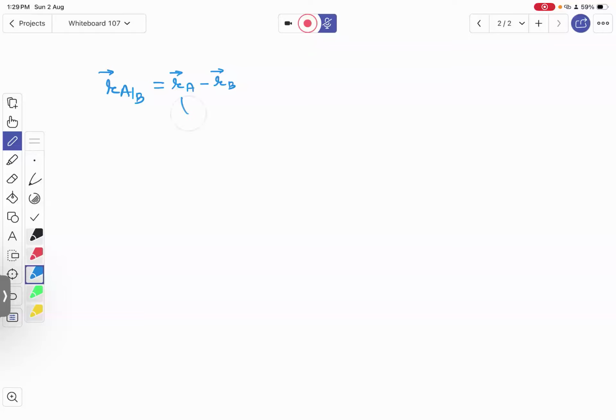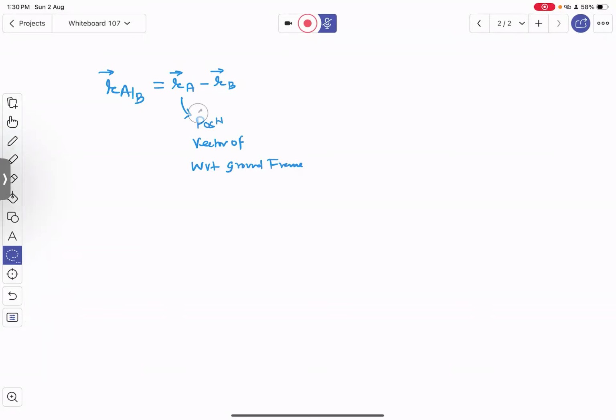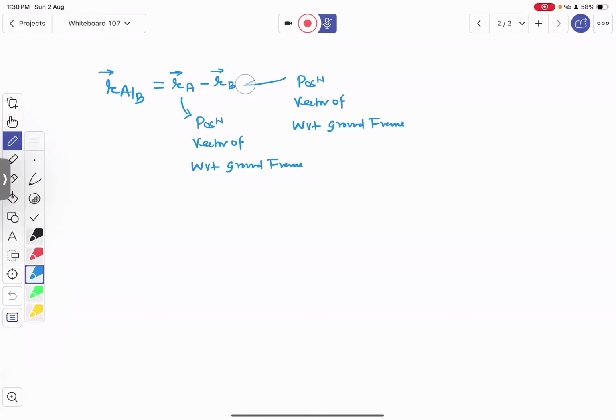RA is the position vector of A with respect to the ground frame, and RB is the position vector of B with respect to the ground frame.